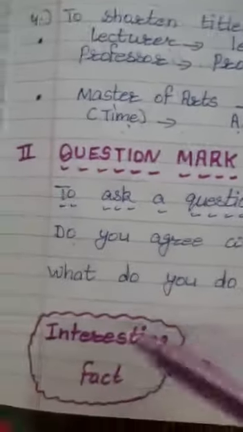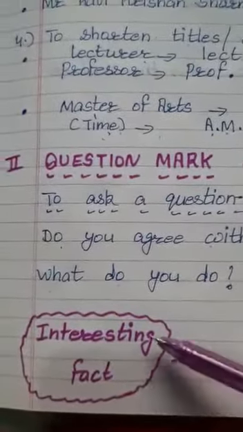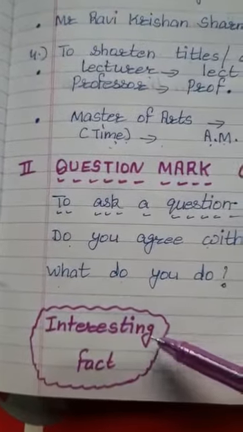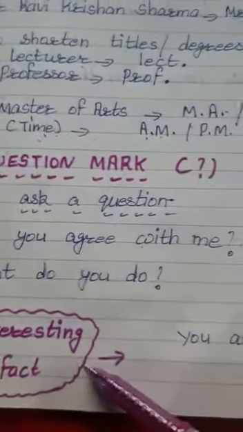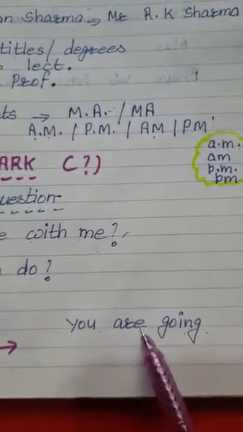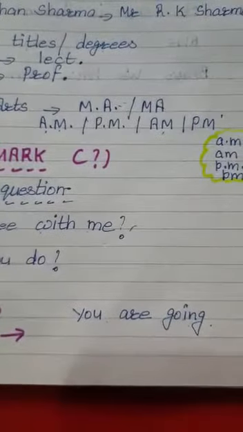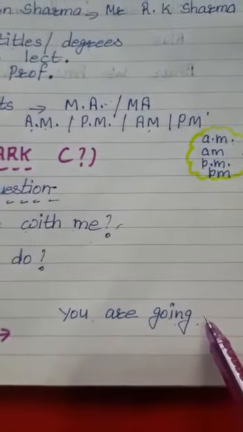Let's have an interesting fact about the question mark. When you read a novel or a story book or your book also, sometimes you meet this sentence or a similar sentence. You are going. Now you will say that ma'am, this sentence is simple, so we should add the full stop here.